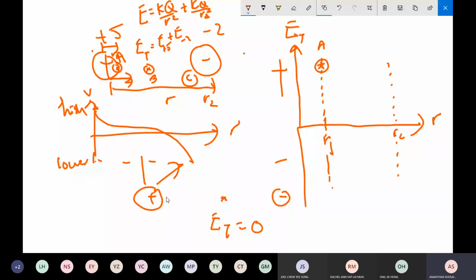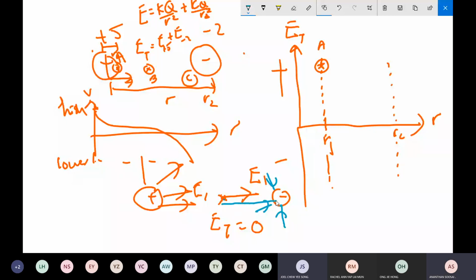Outward, right? So at this point, the field caused by E1 is which direction? To the right, correct? This is the field direction caused by E1 because for positive, the field is outward. Now tell me, the field caused by E2, E2 is negative. The field line is inward or outward? The field line is inward, right? So at this point, the field caused by negative is which direction? To the right or to the left?